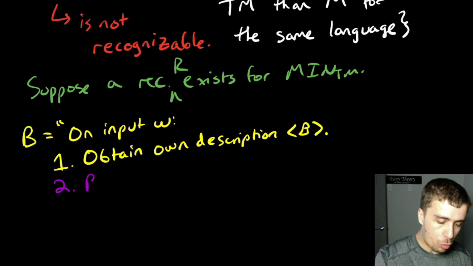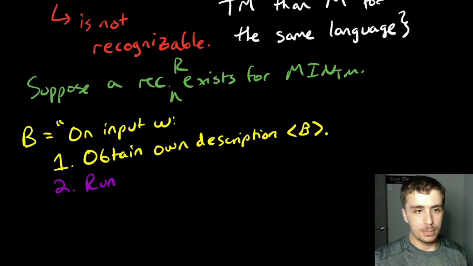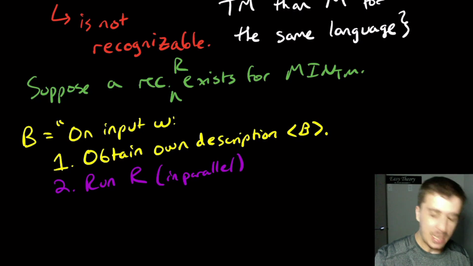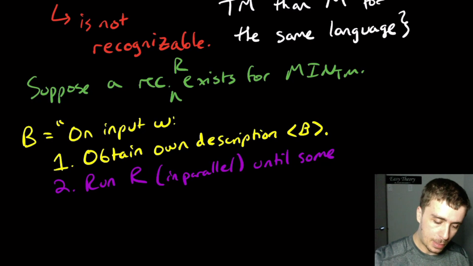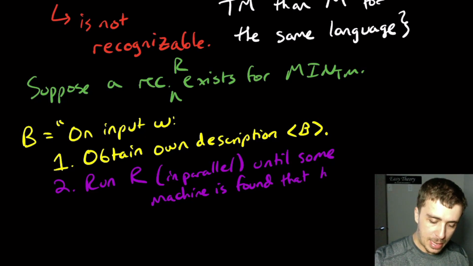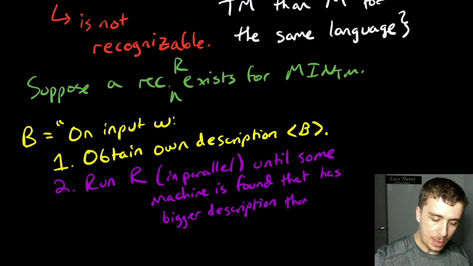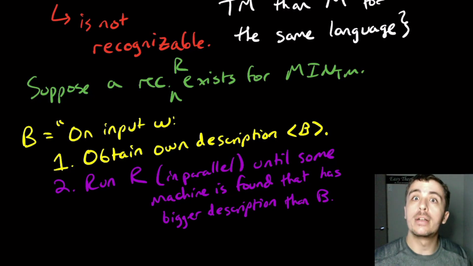Okay, so I'm going to run this recognizer in parallel, because the recognizer might not necessarily halt, until some machine is found that has a bigger description than B. And there clearly is one, obviously.